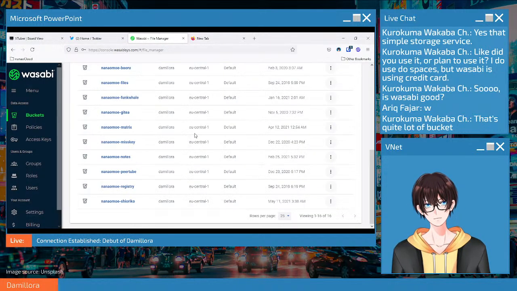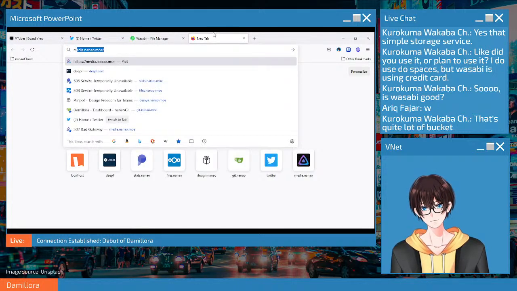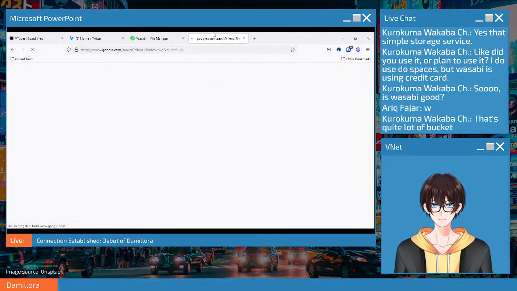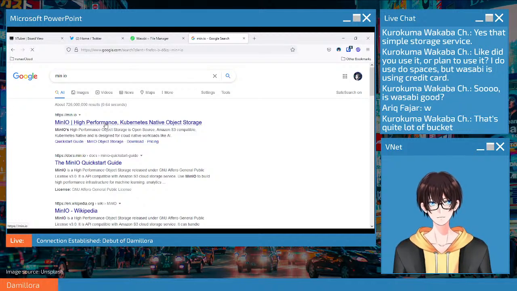For example, Wasabi is S3 compatible, and then there are also self-hosted S3 servers like MinIO. If you self-host and you need your own object storage for some reason, then MinIO is a pretty good option.